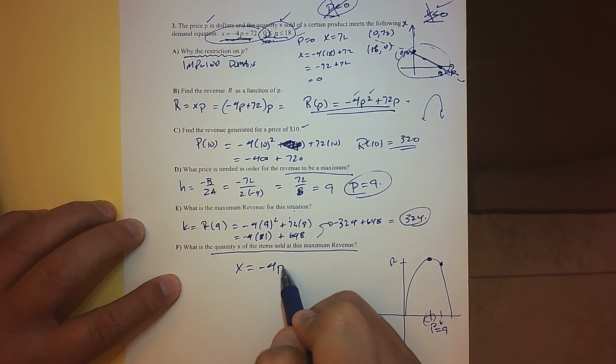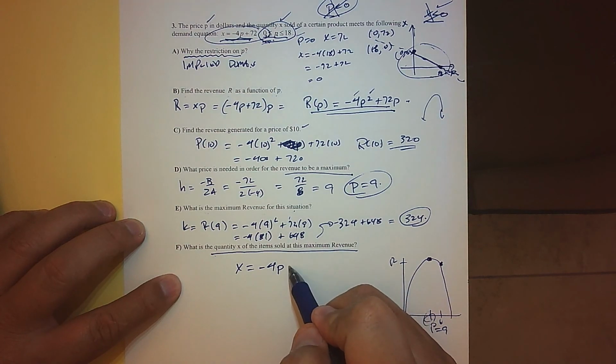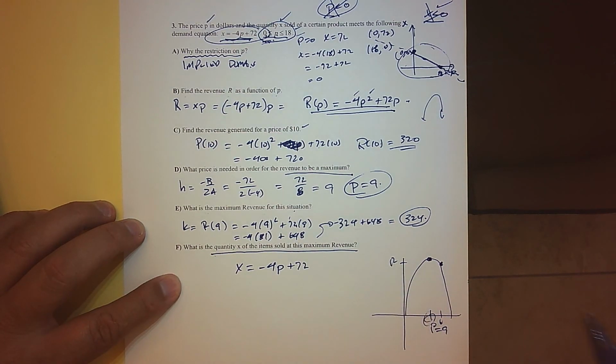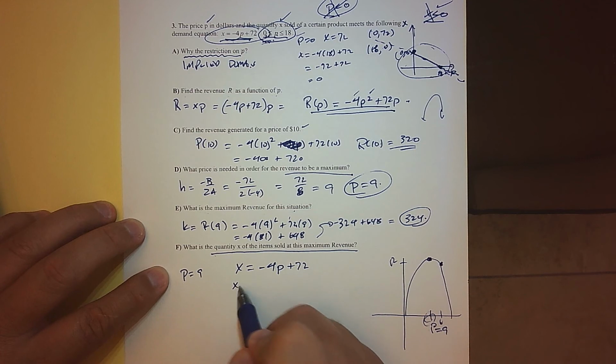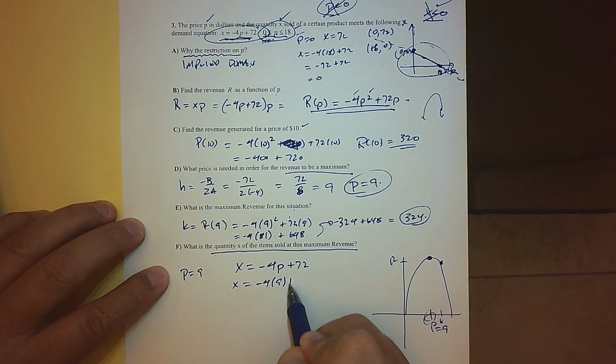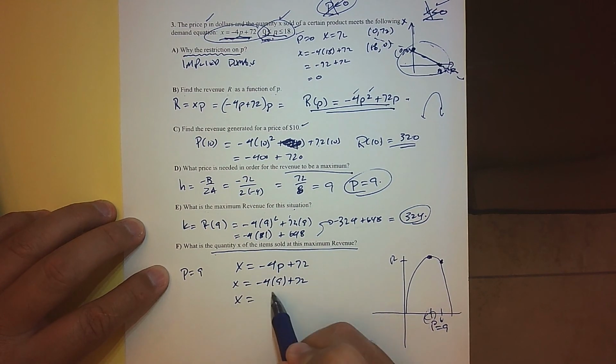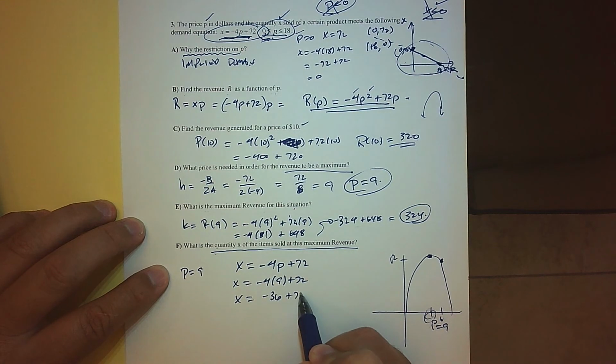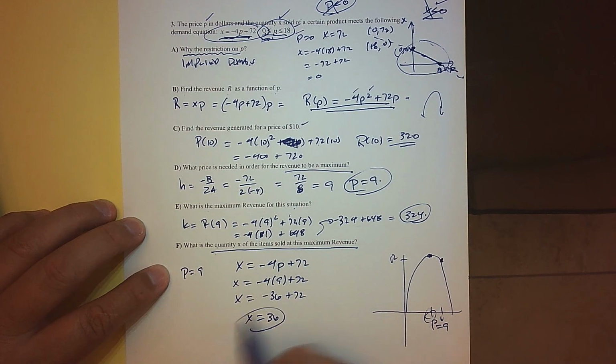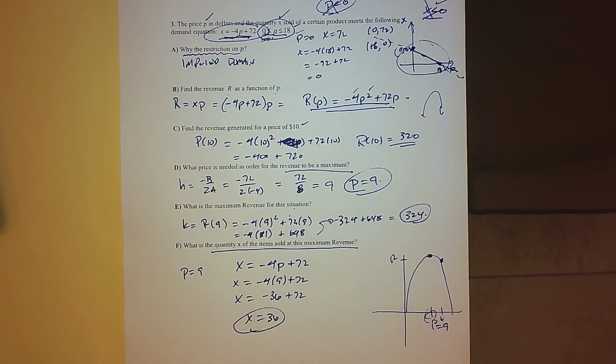We were told that the quantity was negative 4P plus 72, and we know the price that maximizes the revenue is P equals 9. So we substitute that in, and we get negative 36 plus 72, and we find that X is 36. So there's all our values.